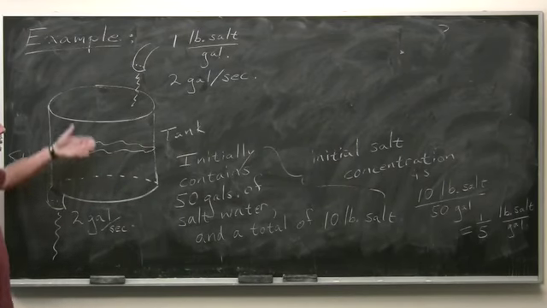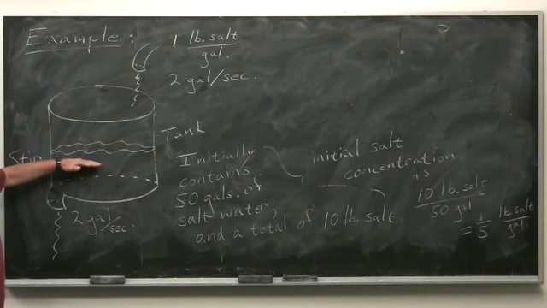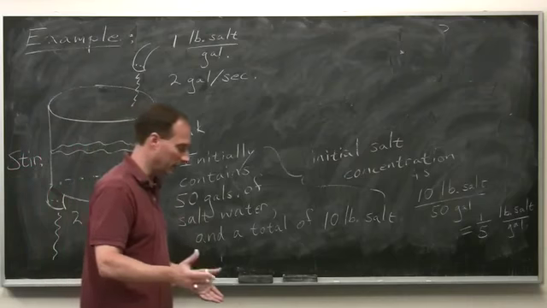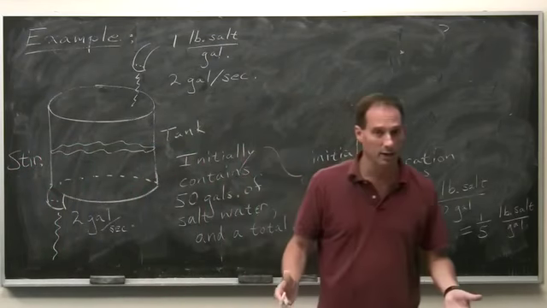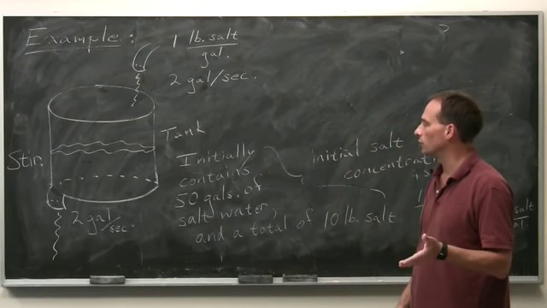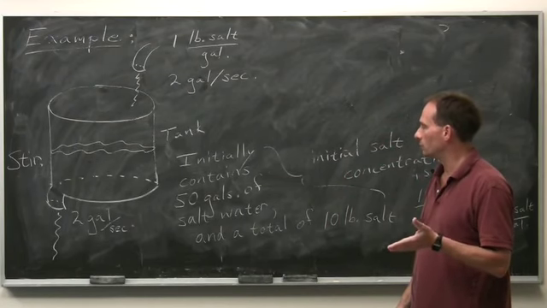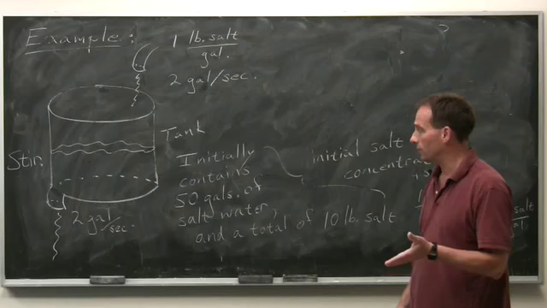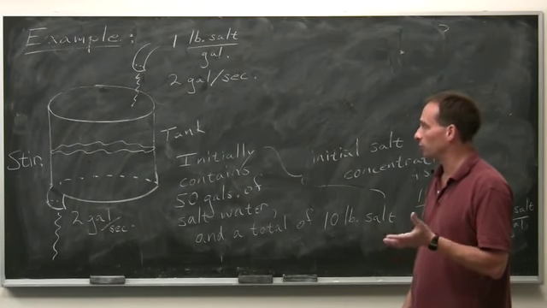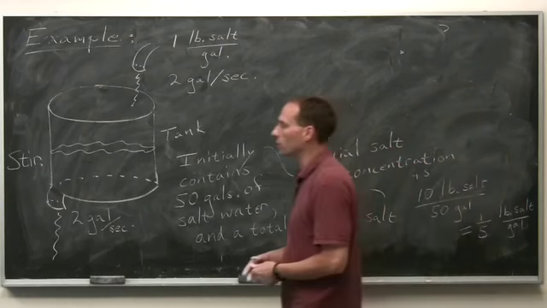So clearly the salt concentration in the tank will go up, right? I mean, we're taking water out at the same rate we're putting it in, but the salt water we're putting in is saltier than what starts in there. So certainly the salt concentration should go up. Of course, since the number of gallons is remaining constant, that means the total pounds of salt should be going up. And this is our question.